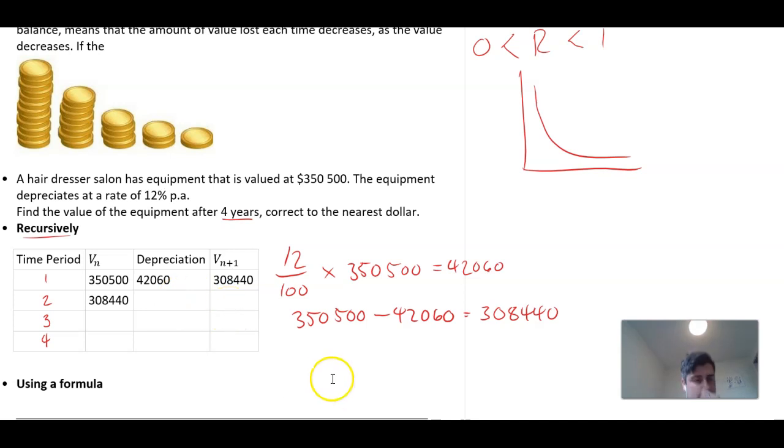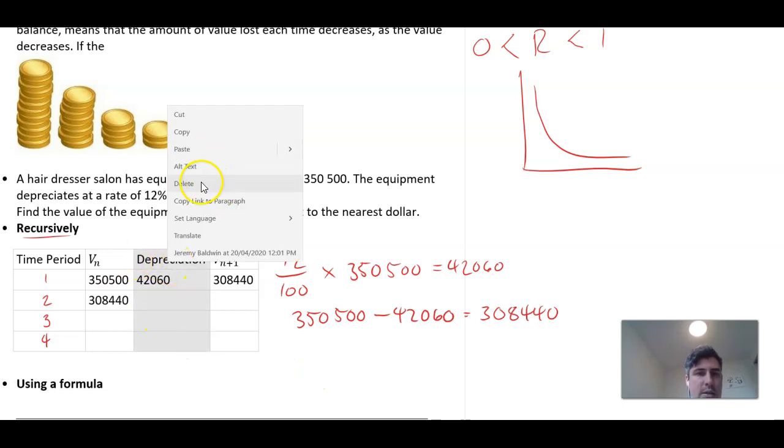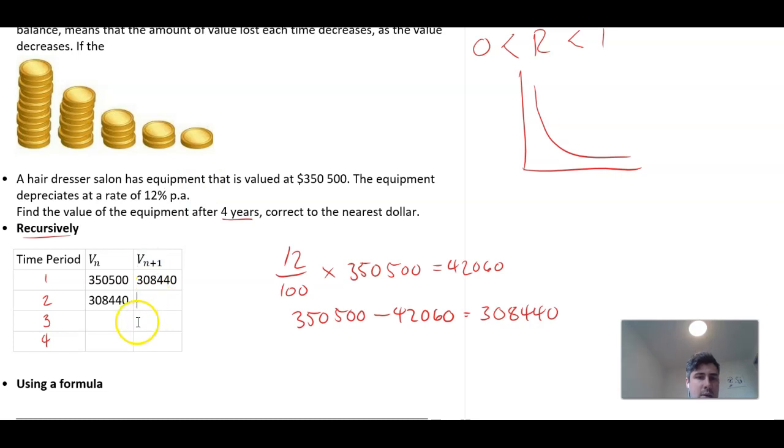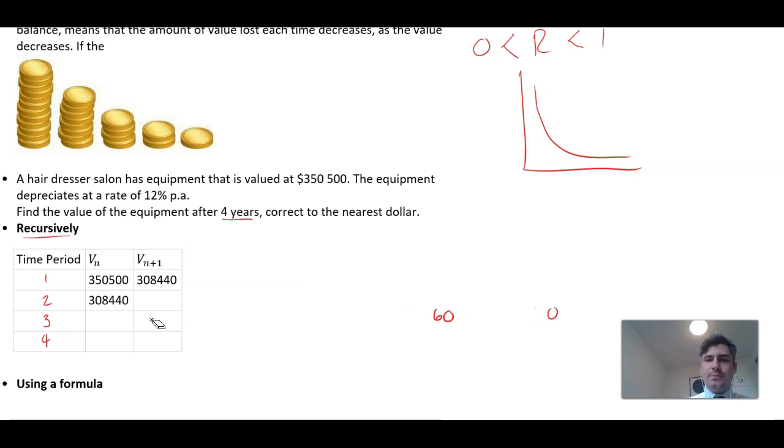Now there is a much faster way of working out the depreciation where we don't have to work out this column here. So I'm going to delete that column, and we're going to use instead the multiplier every time. If I start with my starting amount 350,500, and I want to times by the multiplier, which remember is 1 plus or minus r over 100. Now in this case it's going to be minus because it's depreciation, and r is 12.